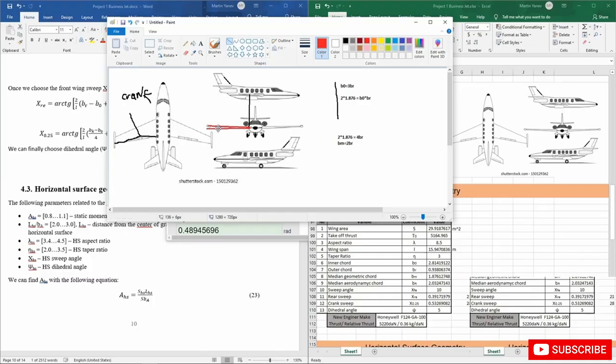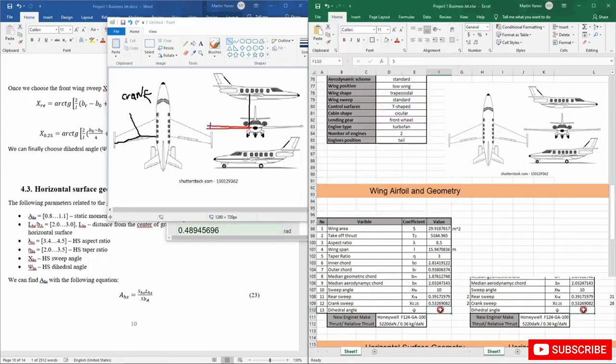The wing, as you can see, is not exactly straight, and basically the dihedral angle is exactly this one between these two lines. So this here is the dihedral angle. Let's make it blue. There we go. As you can see even from the drawing, this angle is not quite high. So this is about 5 degrees.